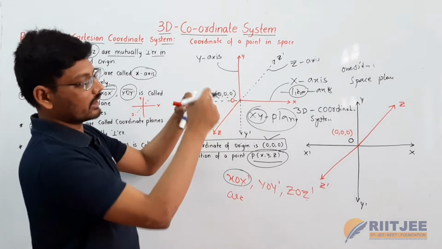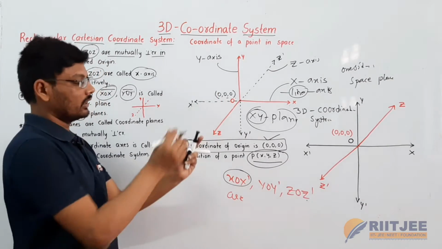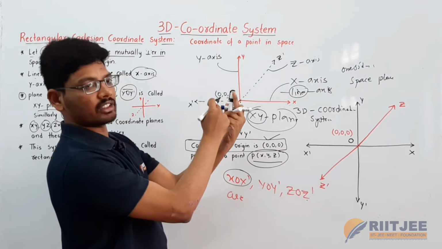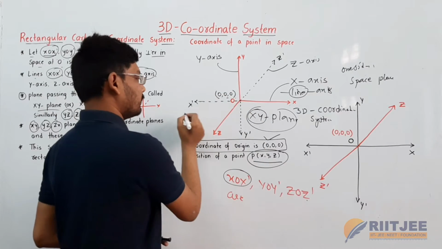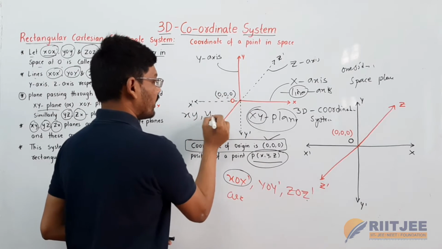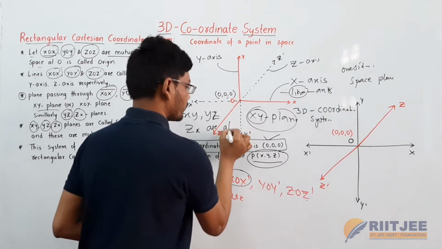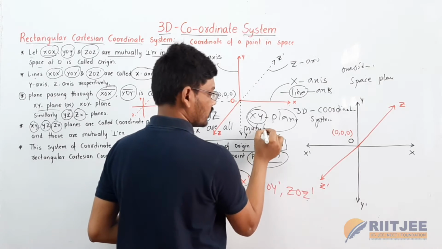If you turn like this, this is zx. So these three planes xy, yz, zx are all mutually perpendicular to each other.